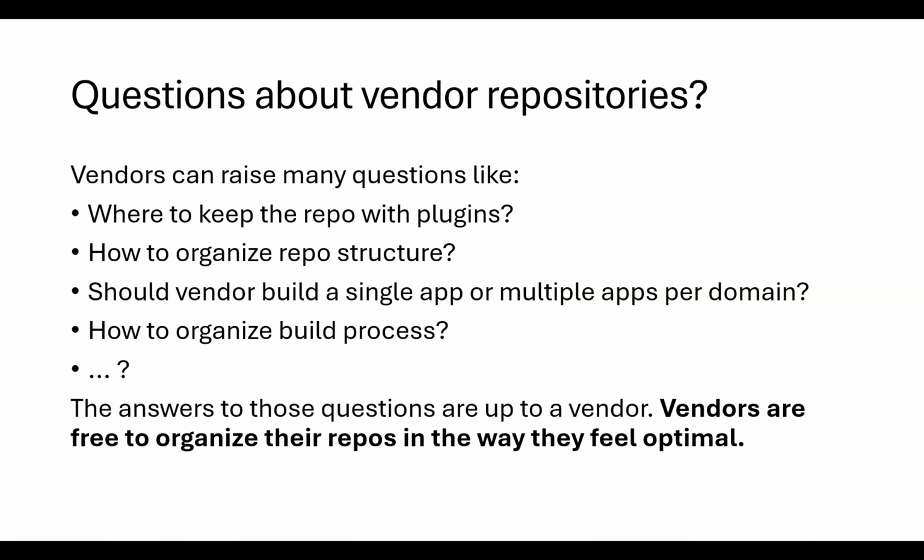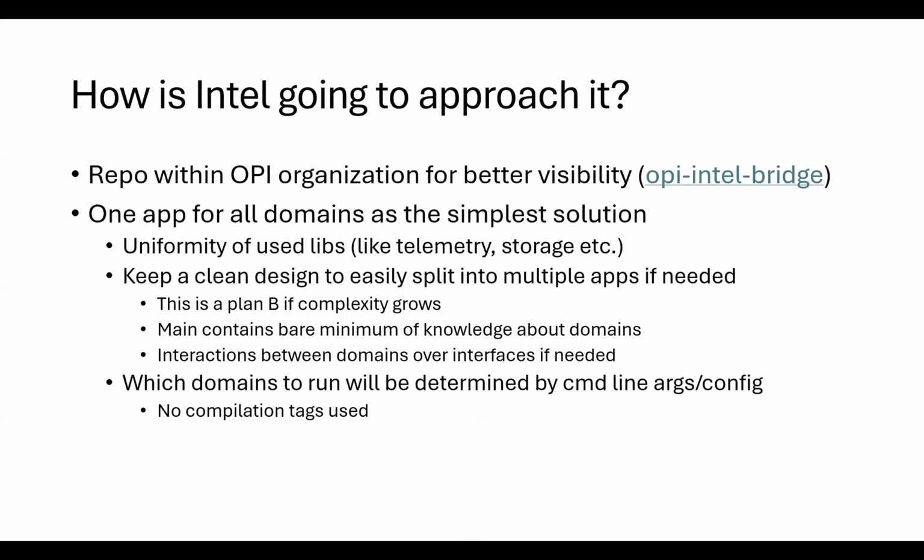Vendors are free to organize their repos in the way they feel is optimal. OPI doesn't dictate to vendors how to organize their repos. OPI dictates only that no vendor plugins are allowed in such domain repos. Also, we have Intel pioneering this approach.